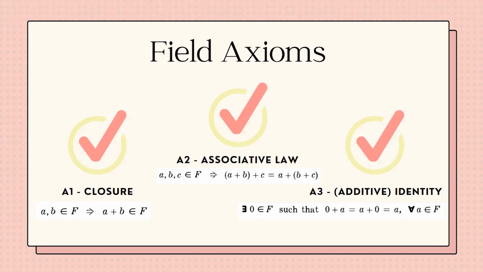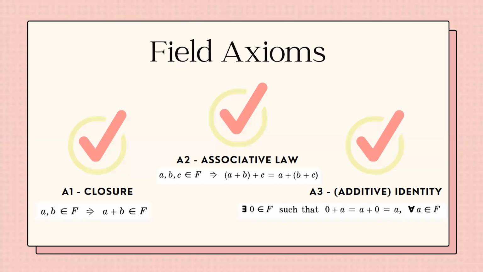Then we have the next one. For elements a, b, and c of F, the sum of a plus b and plus c is equal to a plus the sum of b plus c. This law is what we call the associative law, or associativity.